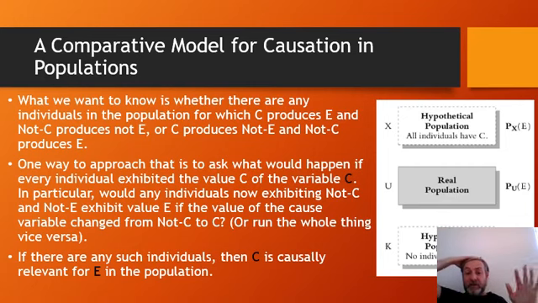We've got our population. Some are smokers, some are not smokers. So we're asking, if we made them all smoke, would any of the people that now don't have lung cancer get lung cancer? If so, then there's at least one individual in the population with that C to E relationship, and that would be sufficient for causation in a population.